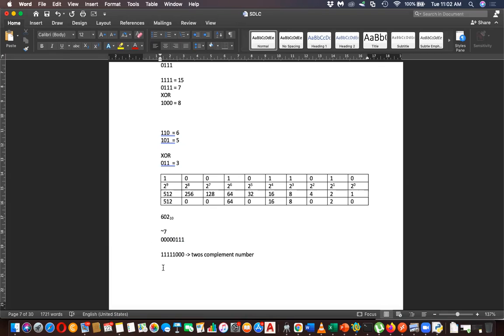Keep the sign as it is, but invert the number without the sign. Inverting gives 0 0 0 0 1 1 1, and then add 1. So 7 plus 1 is 8, and it becomes minus. This is what happened. If you know 2's complement, you can understand that's why it has become minus 8.